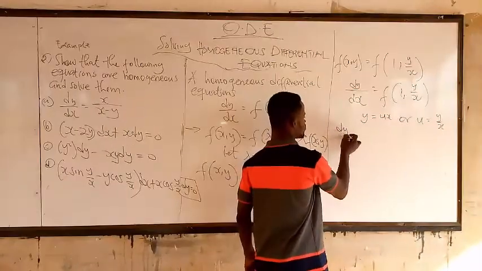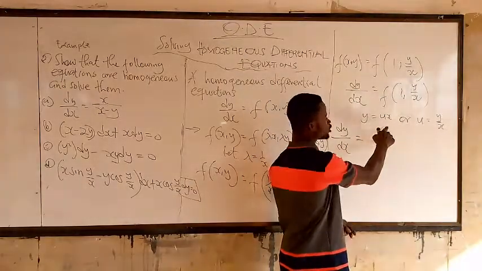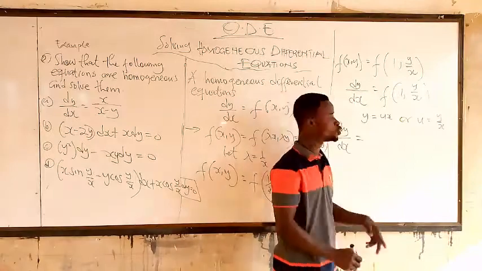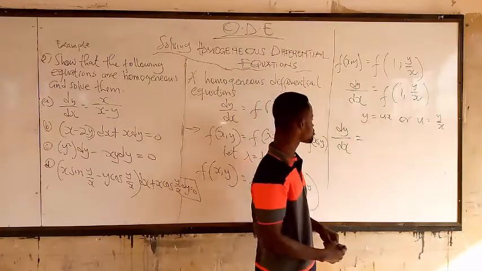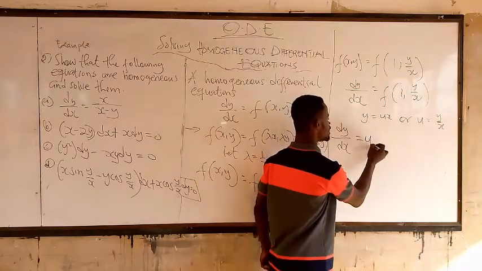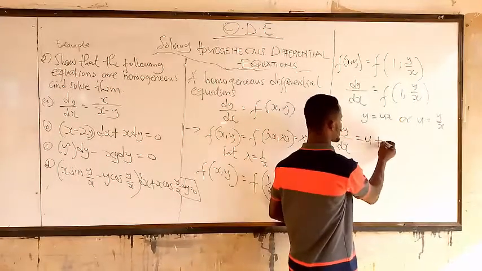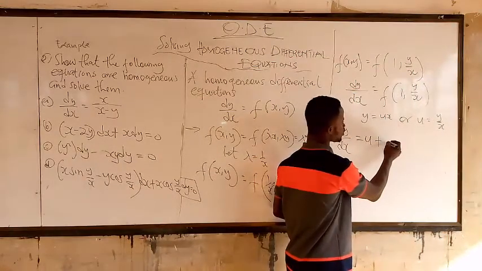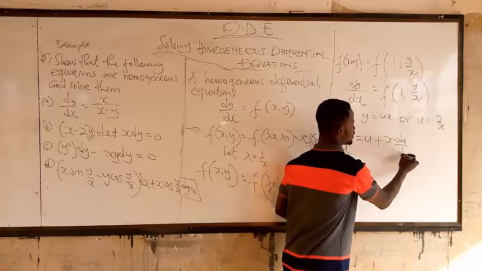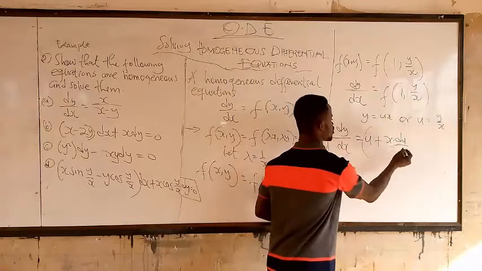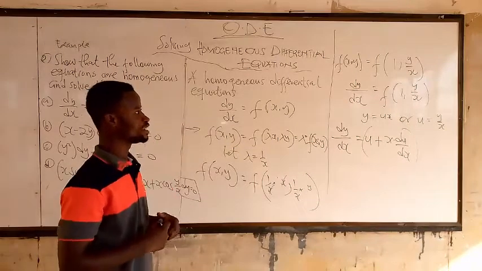So dy/dx is equal to, this is going to be a product rule. u is a function of x and x is a function of x, so you leave this, differentiate the second one, you get 1, plus you leave this and differentiate u, where you get du/dx. So this is what we are going to get for dy/dx.